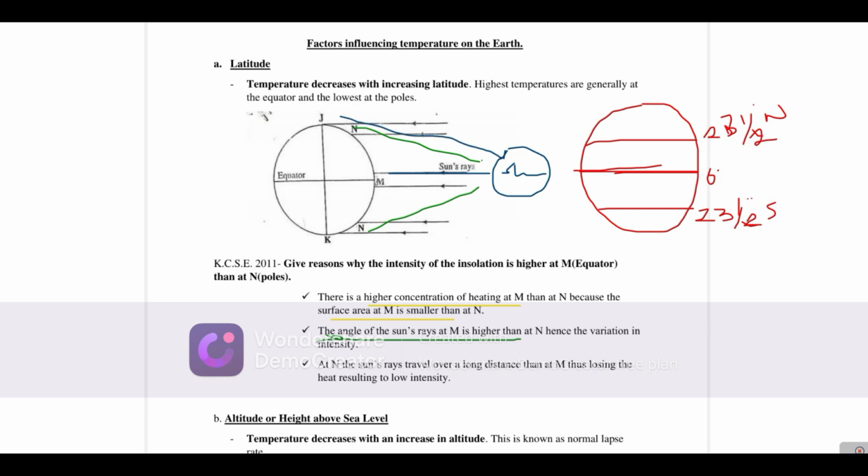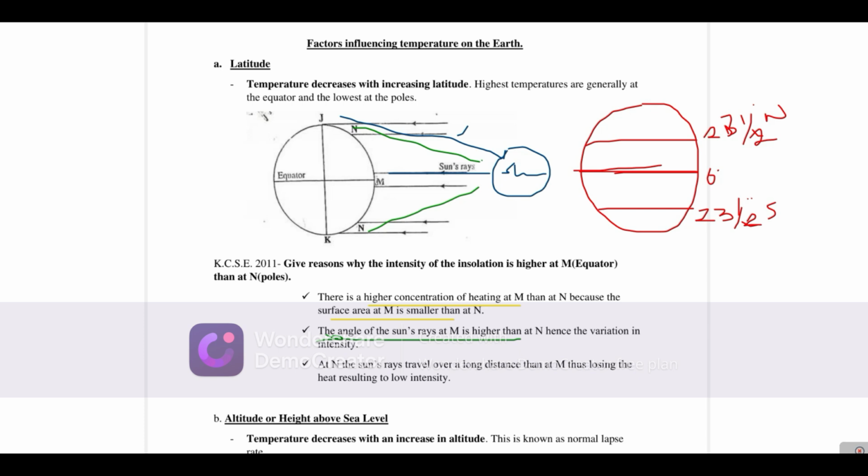So this means there will be high concentration of sunshine at the equator compared to the poles, because the rays here have to travel a longer distance to deliver that sunshine, and by the time they get there, they are of low intensity. So those are the 3 major reasons why the concentration of solar insolation is higher at the equator than the poles.